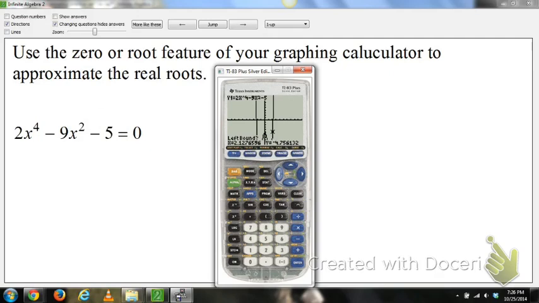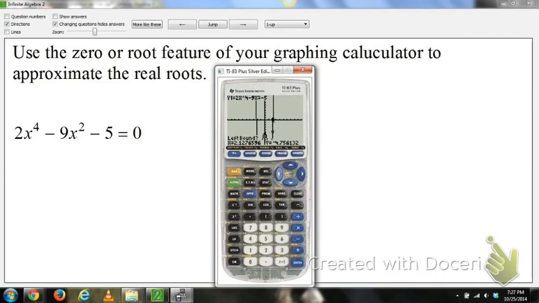So I have to make sure I position my crosshairs so they're to the left of that. I'm going to hit the left arrow a couple of times, and I think right here is good. Right now where the crosshairs are, I'm just a little bit to the left of where that intercept is. Let me illustrate this because I think some students have a hard time visualizing. If I was to the left of that, tracing along the graph, I would be down here somewhere. So right now where my crosshairs are at, that's perfect. That's right where I want to be.